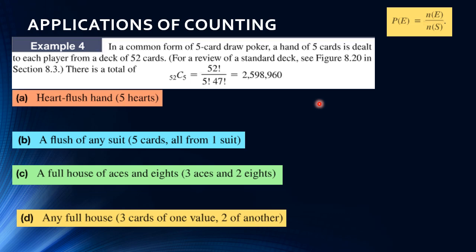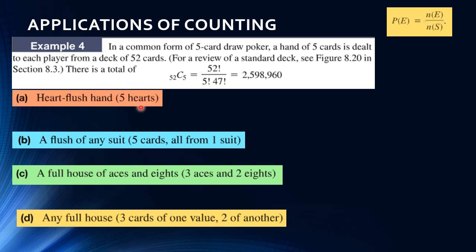So in Part A, we want to know what is the probability that we have a heart flush hand. Okay, so we're picking 5 cards and they all have to be hearts. Well, how many hearts are there? There are 4 different suits. There are 13 hearts and we want to take 5 of them.